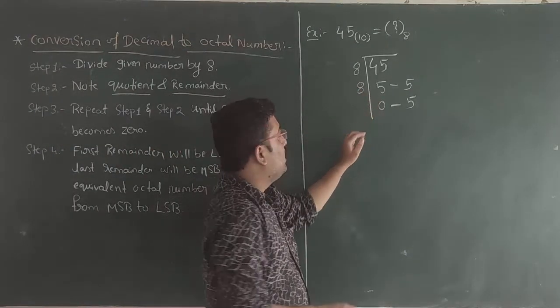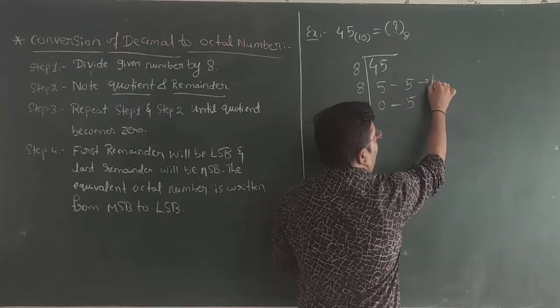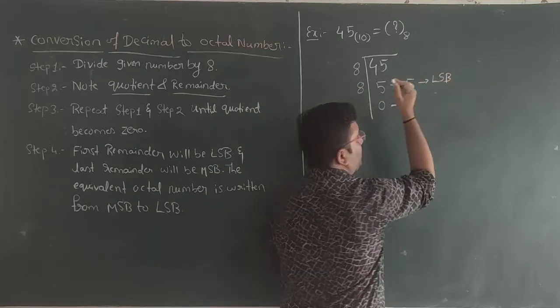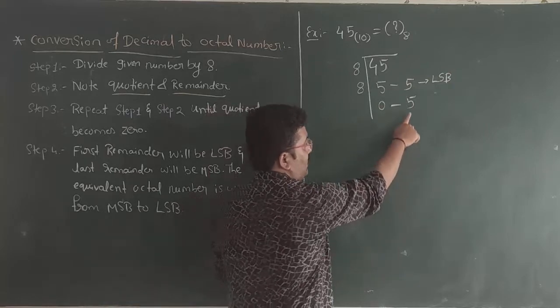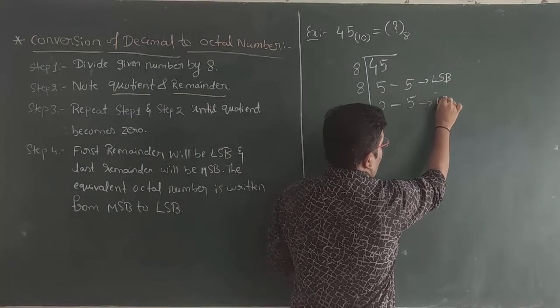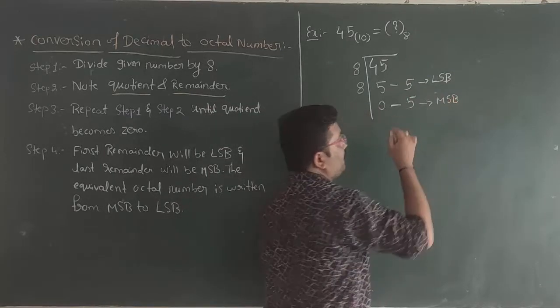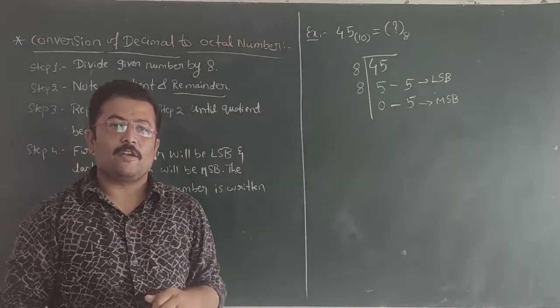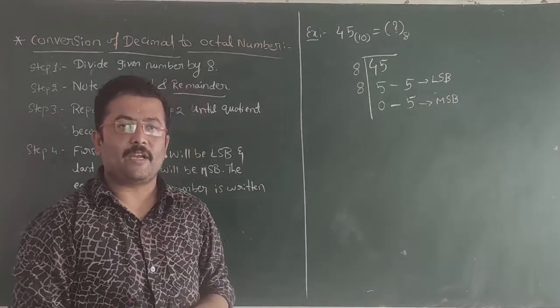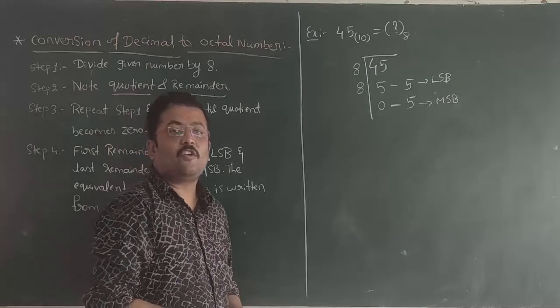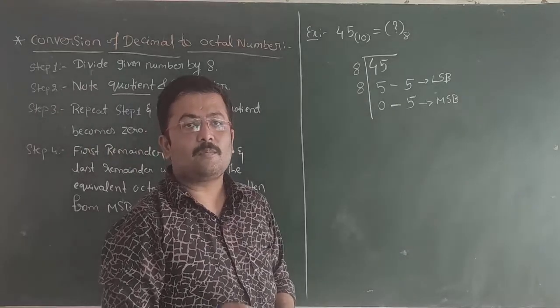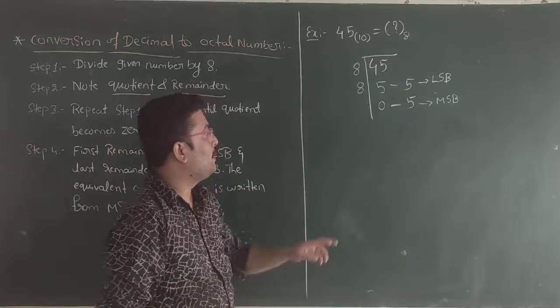The first remainder is my LSB, that is least significant bit, and the last remainder is called MSB, that is most significant bit.